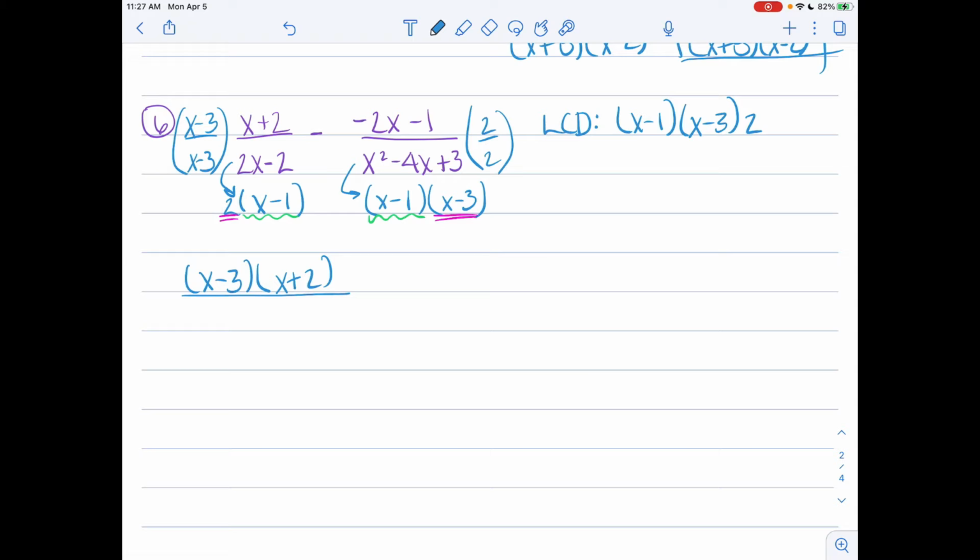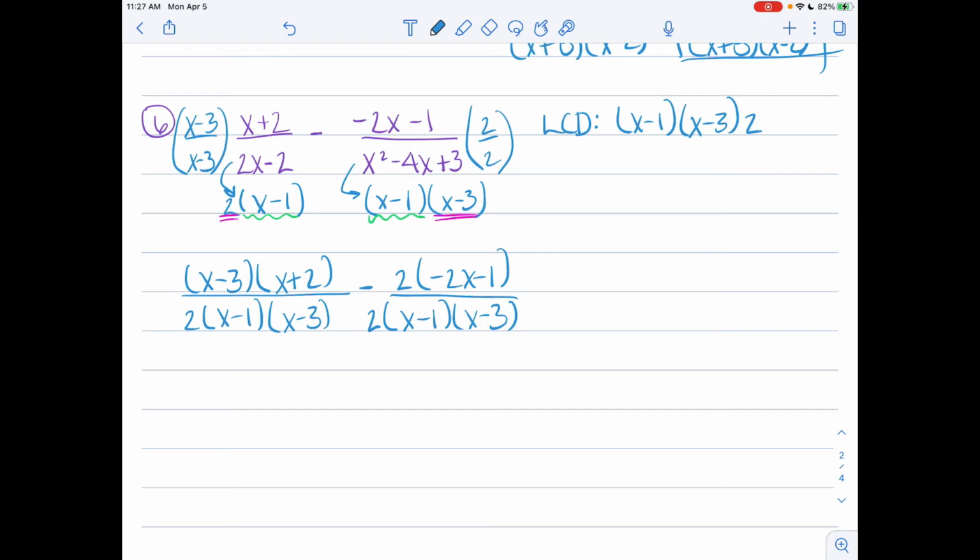I'll divide that by a 2, an x minus 1, and an x minus 3. Then I'm going to subtract a 2 times a negative 2x minus 1, and that's all over my factored form with my LCD. I have 2x minus 1 and x minus 3. And now I need to just keep going.